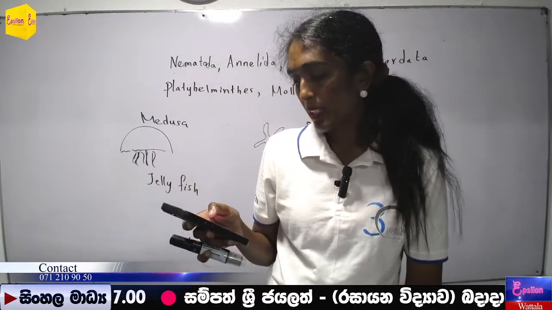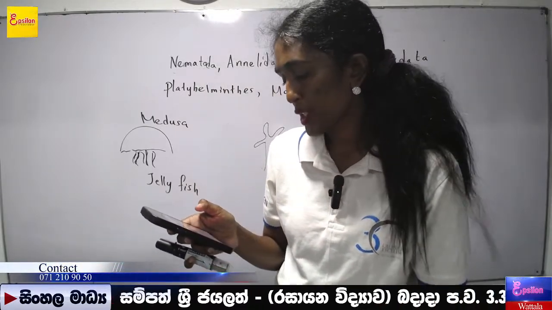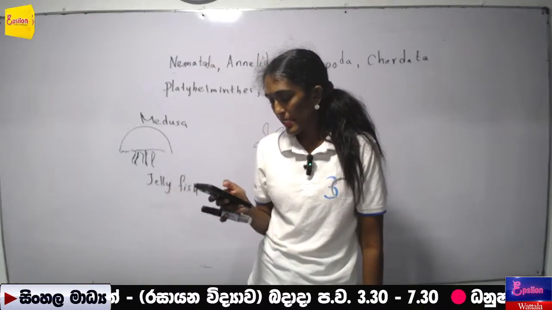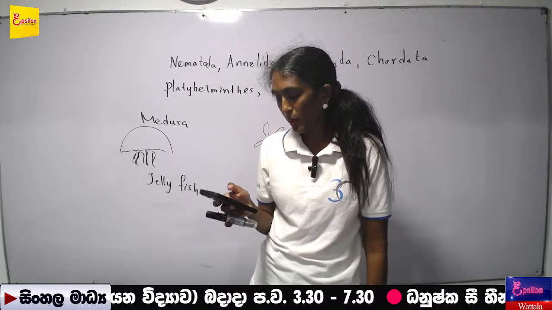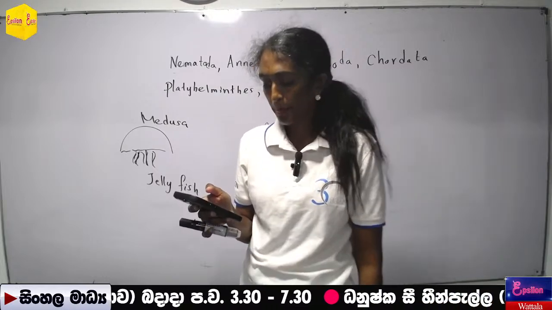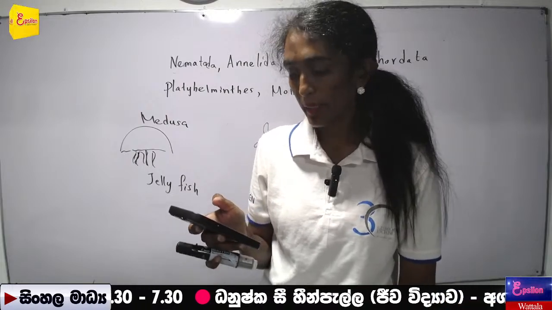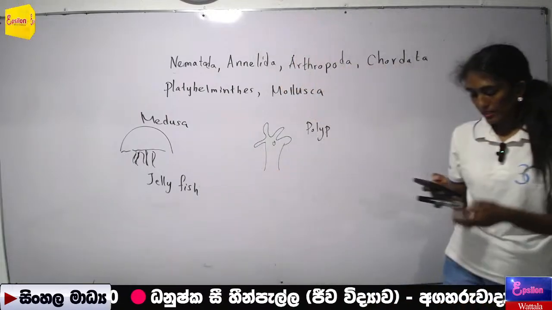Medusa resembles a flattened mouth-down version of the polyps, and they are free-living. So, some cnidarians exist only as polyps or only as medusa. Others have both polyp and medusa forms in their life cycles. Okay? Right.